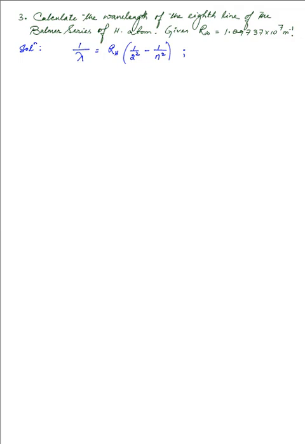And then that multiplied by 1 over 2 squared, because the Bohr series starts from n is equal to 2 and it extends for n is equal to 3, 4, 5 and so on.